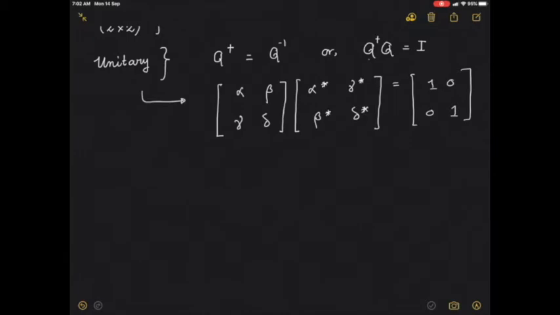So let's look at the diagonal elements first. The first diagonal element is alpha alpha star plus beta beta star equals 1. Now alpha alpha star is manifestly real, beta beta star is also manifestly real, so this gives me one condition.